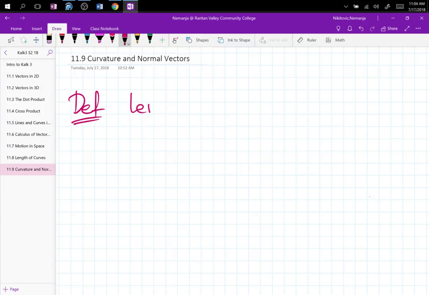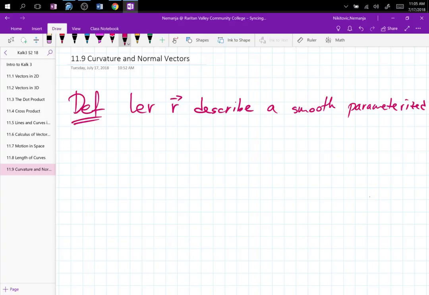So let r describe a smooth parametrized curve. Now this goes for R2, R3, R8, whatever.